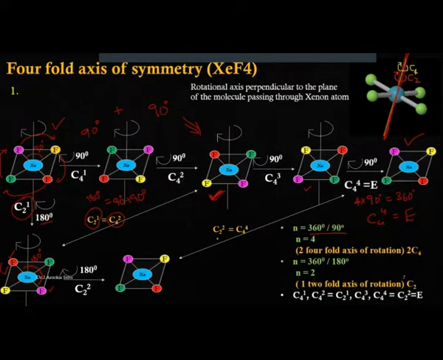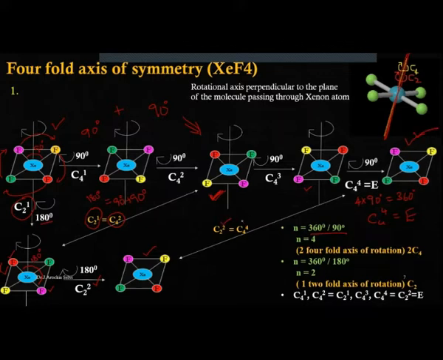Understand? Similarly, again one more time, C2 2 is performed. So this C2 2 is similar to the original configuration. You could see that the original configuration and the last one, C4 4, are all the same.